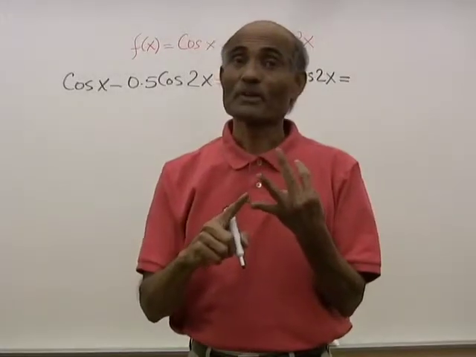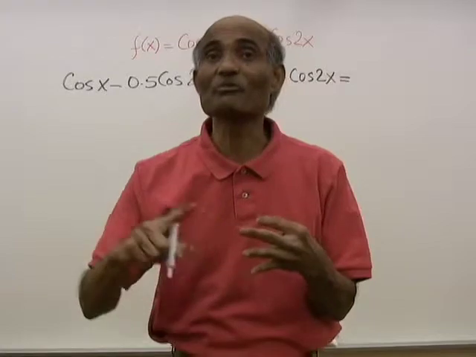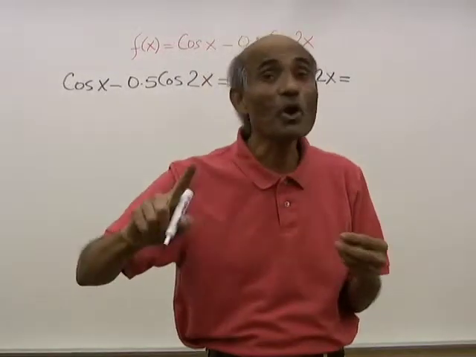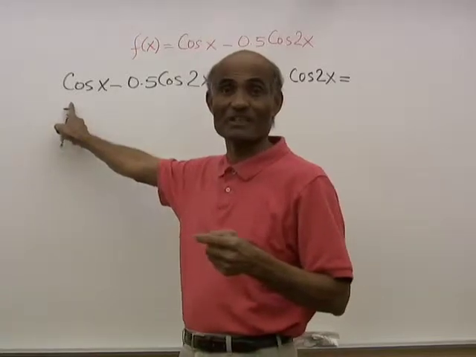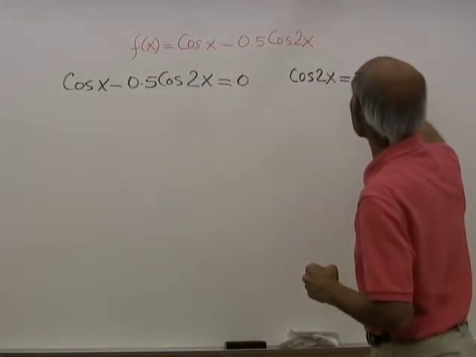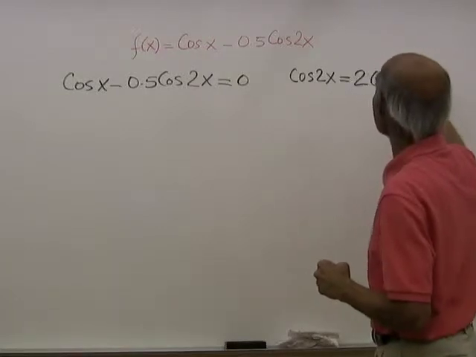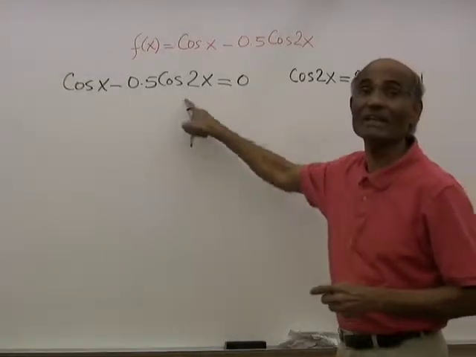And then cos of 2x is 2 cos squared x minus 1. 2 cos squared x. Yes, cos x times cos x. That's the one we want. So cos of 2x is 2 cos squared x minus 1. So we replace that here.